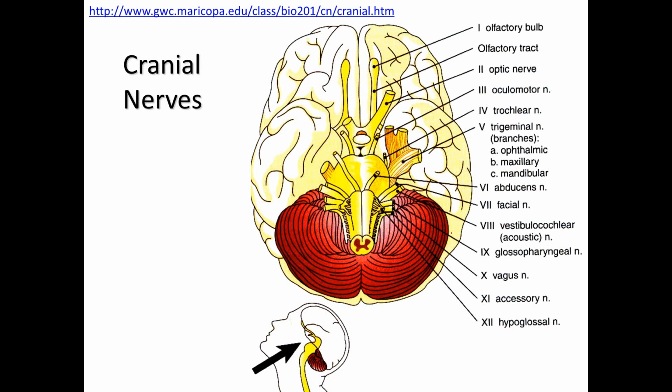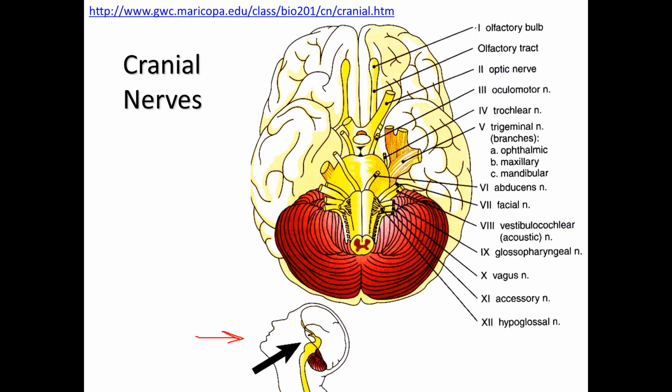So let's have a look at the cranial nerves. This is a picture of a view from underneath the brain, looking upwards at the base of the brain. And you can very clearly see a number of projections. These are the cranial nerves.